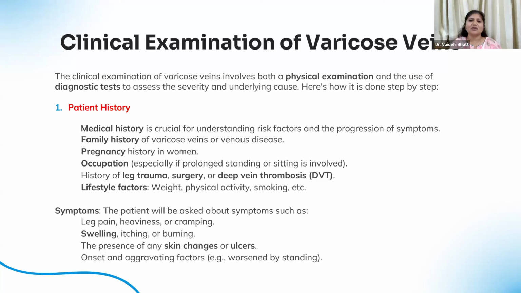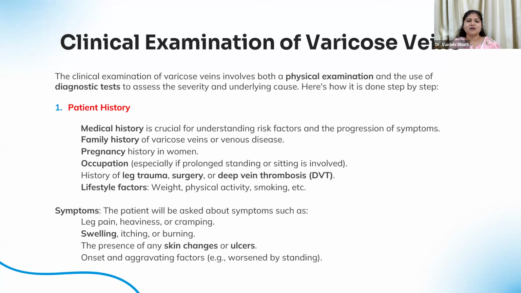For that we need the medical history of the patient, family history, pregnancy, occupation, even history of trauma, surgery, and different thrombosis, and the lifestyle of the person, like physical activity or any other addictions like alcohol and smoking, because it will cause thickening of the intima of the vessels.